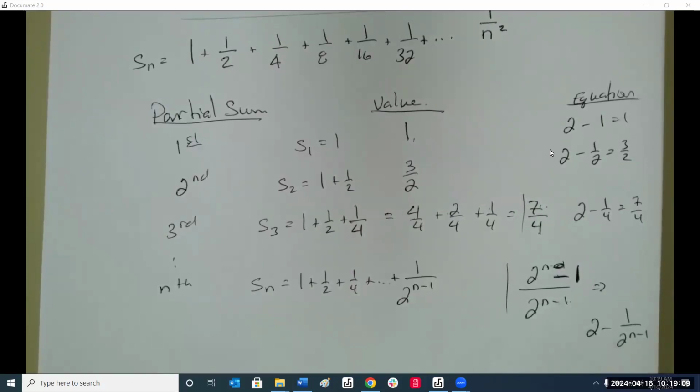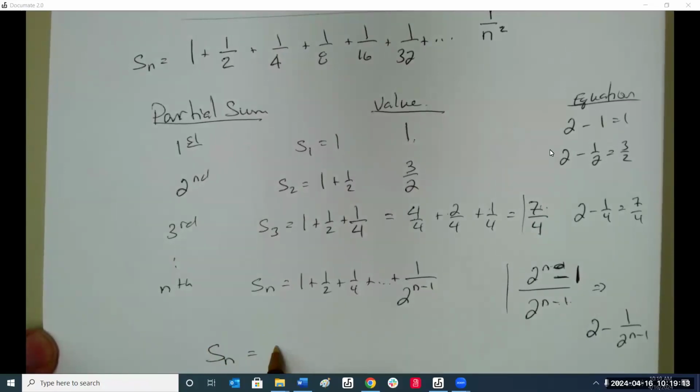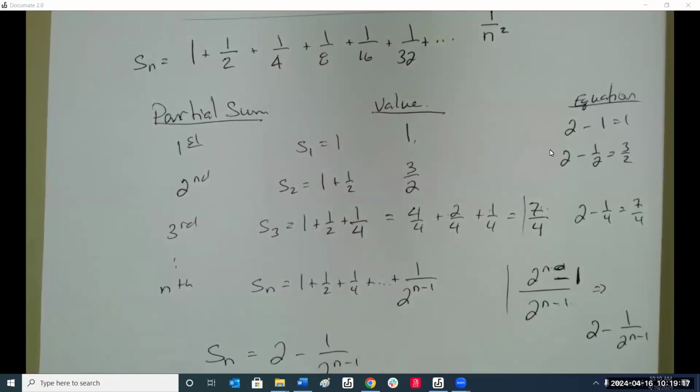That's going to give us the answer. So for this one, S sub n is 2 minus 1 over 2 to the n minus 1. That's what we're looking for in this sequence.